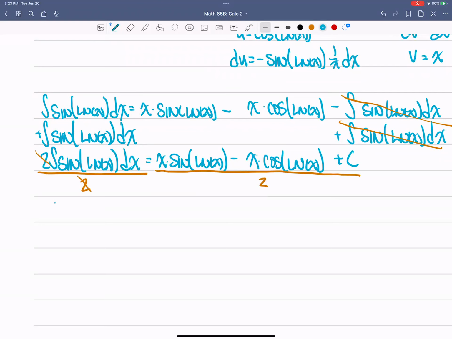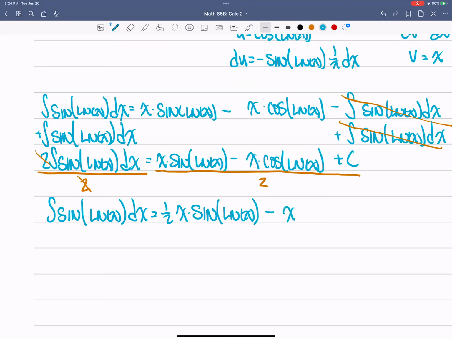But more importantly, we're left with the integral that we're looking for, the integral of sine of ln of x dx, and that's equal to 1/2 x times sine of ln of x minus 1/2 x cosine of ln of x, plus c.